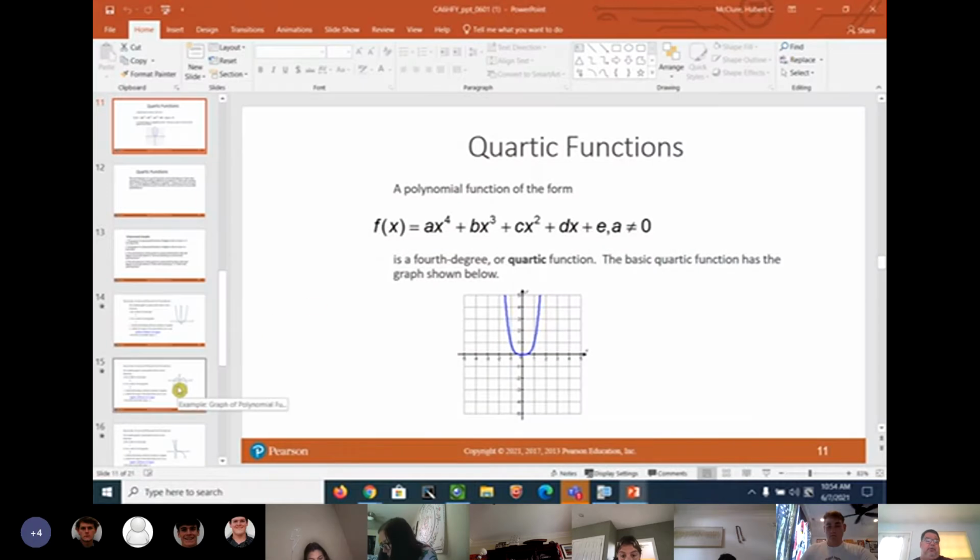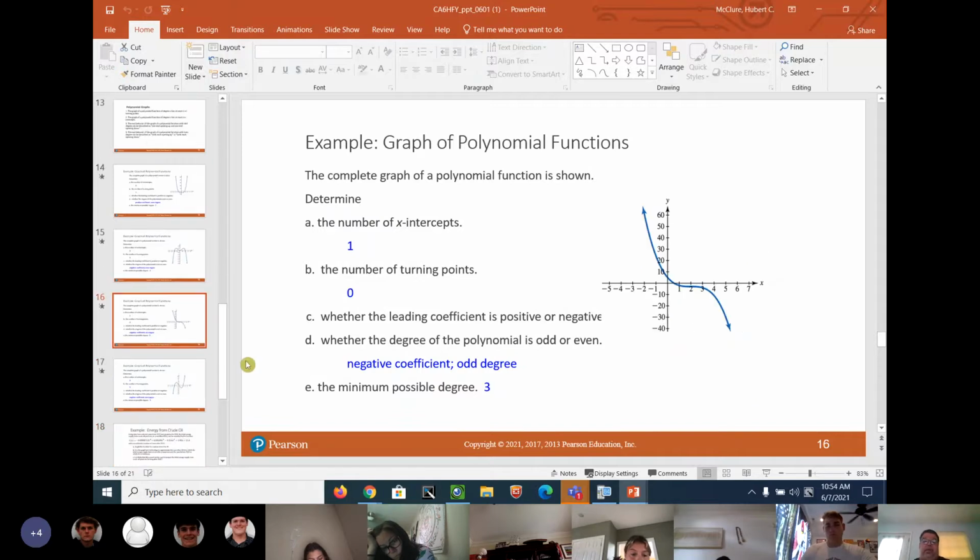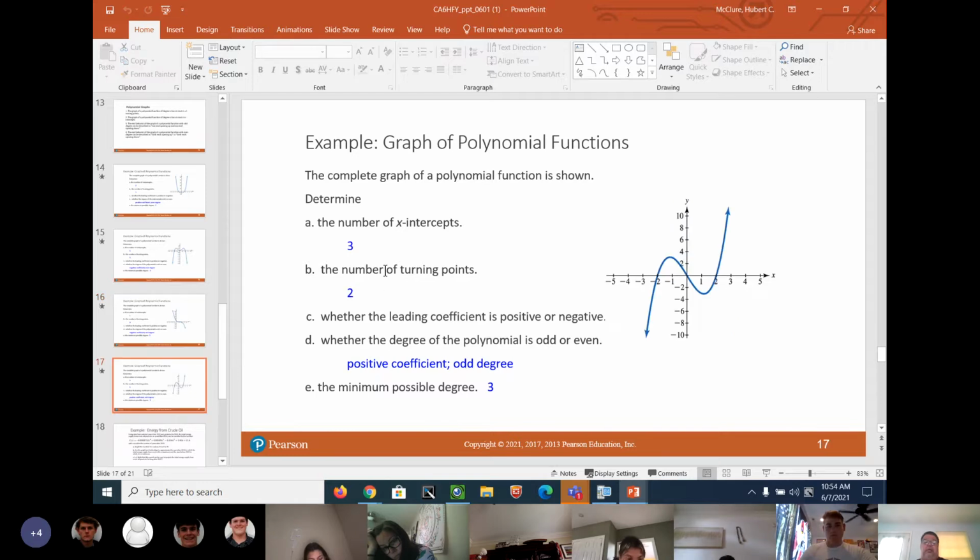And there's your turning points, n minus 1. So with a quartic function, if you've got the 4th degree, what's 4 minus 1? 3. So you're going to have 3 turns. 1, 2, 3. Here's your saddle. And this is where you're going to see a lot of hidden behavior, not ending behavior, but hidden behavior.